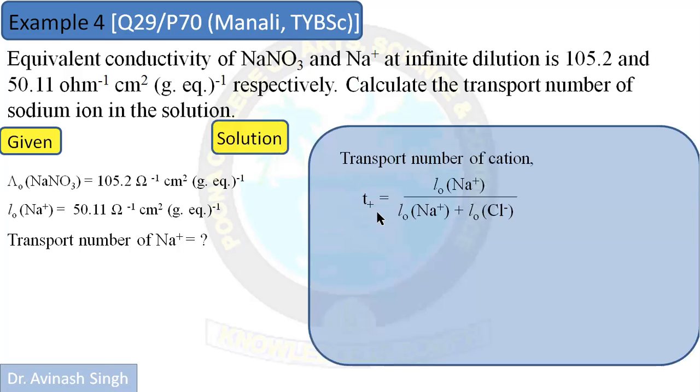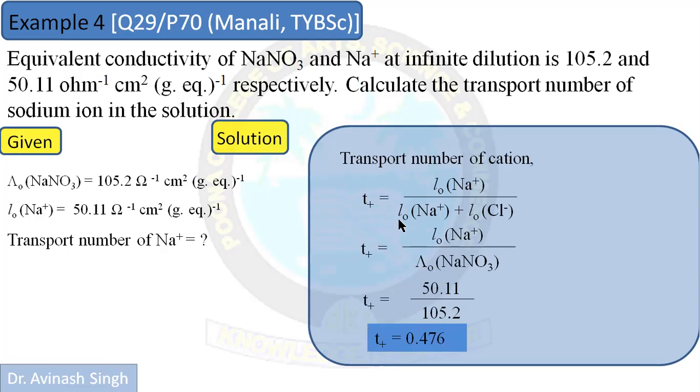Transport number of the cation is given by equivalent conductance of that ion divided by equivalent conductance of cation plus equivalent conductance of anion. The denominator is nothing but the equivalent conductance of the salt. So substituting this value, it becomes 50.11 divided by 105.2.